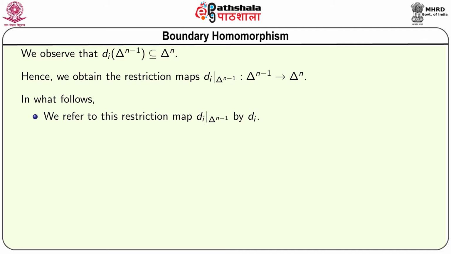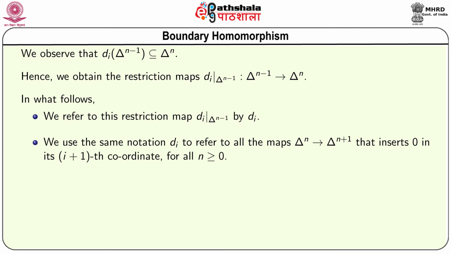In what follows, we stick to the notation d_i for the restriction maps also. So, that means we refer to the restriction map d_i restricted to delta n minus 1 by the same notation d_i.